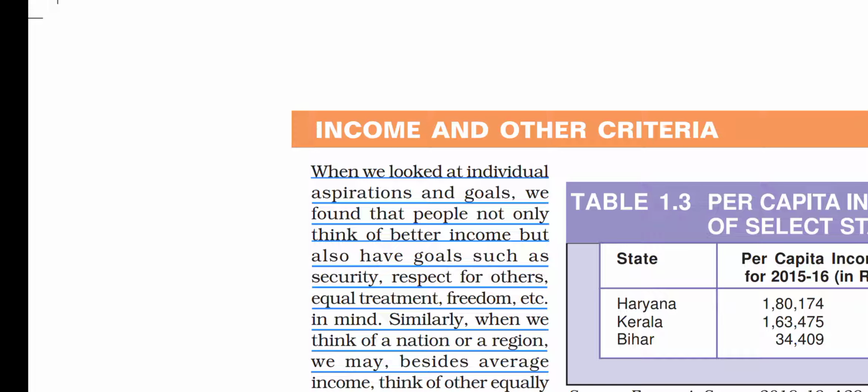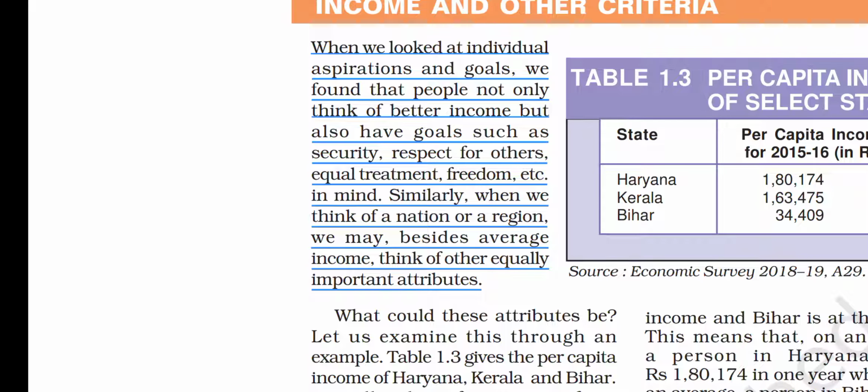These are not associated with money, the material thing. But we look for certain goals which are very important in our life. Similarly, when we think of a nation or a region, we may, beside average income, think of other equally important attributes.